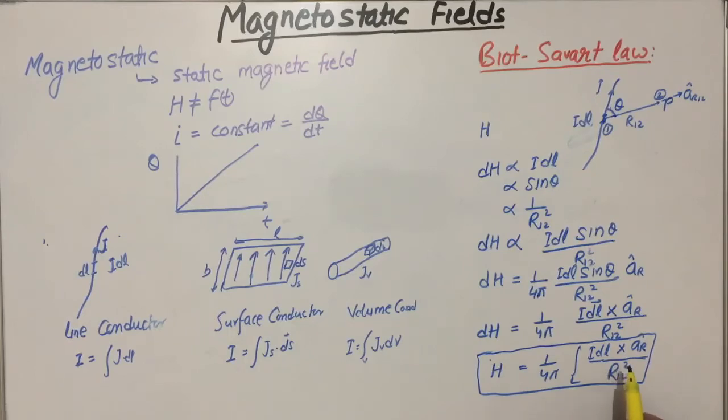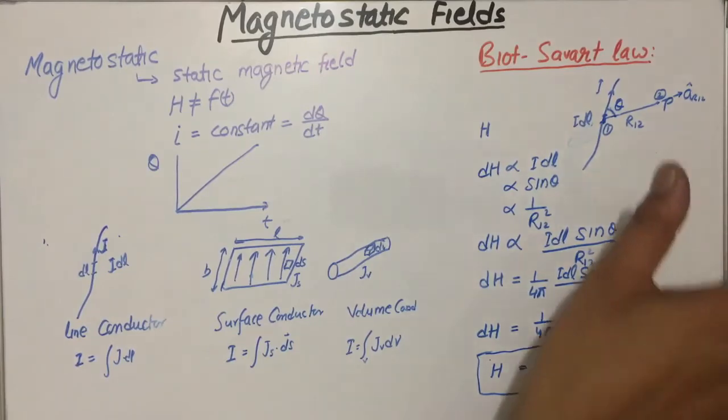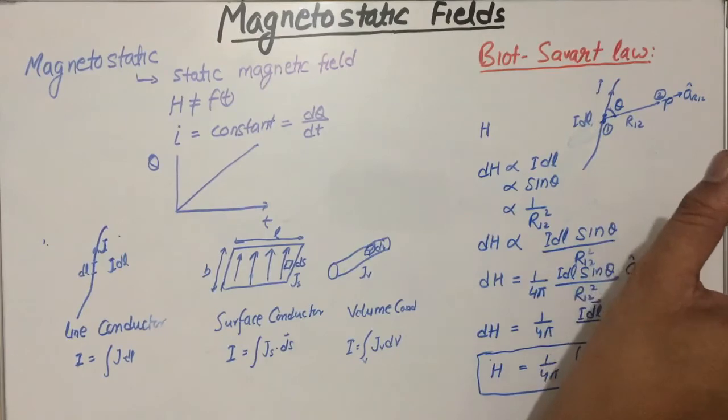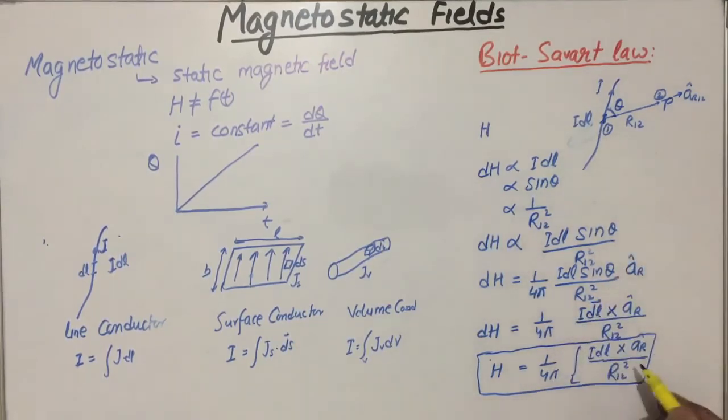We will put our fingers in the direction of the current element, and the fingers will be curled at the point of interest in the direction of the radial vector, the other vector.